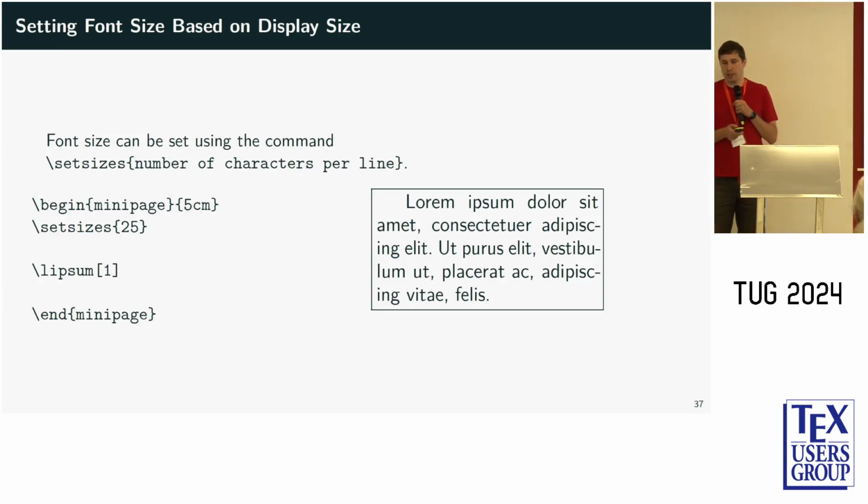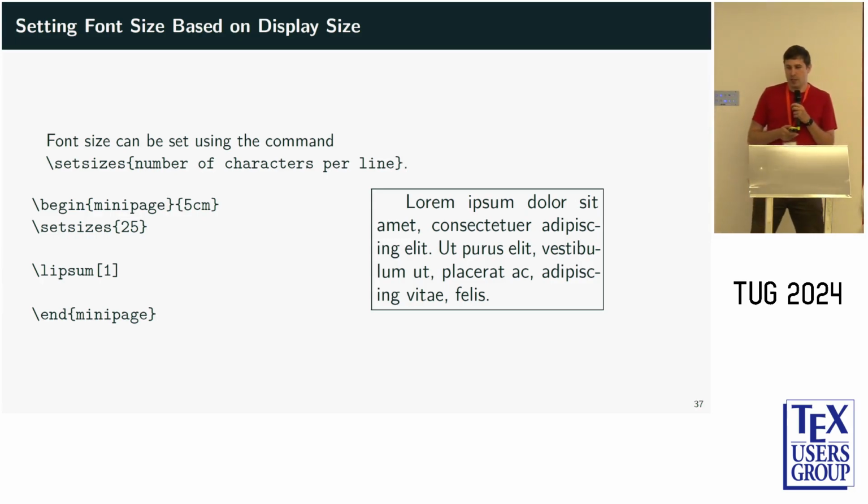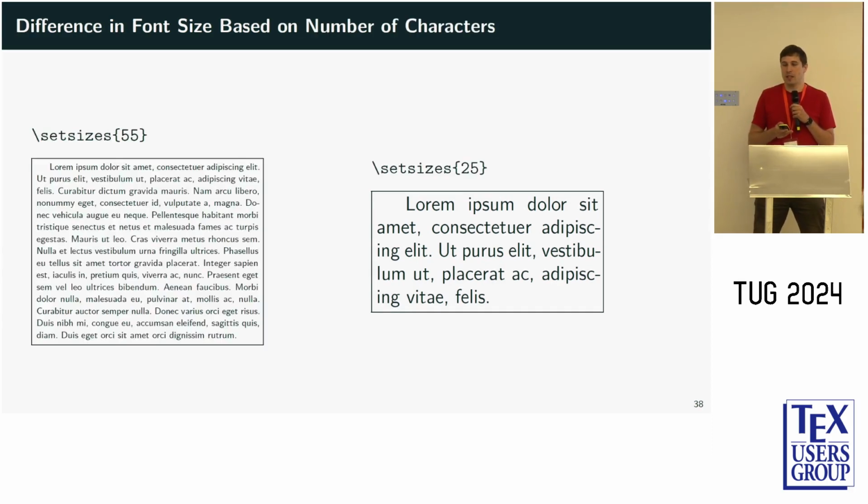So here's an example. In this example, we want to show just 25 characters on a line. So we call the set size command with 25, and you can see in the box that the font size is resized so that it fits on the minipage that is 5 centimeters wide.